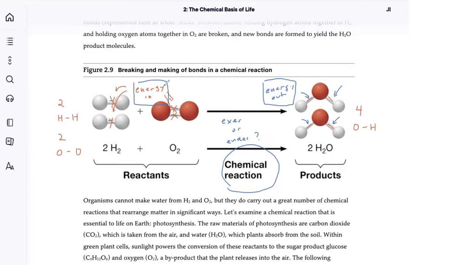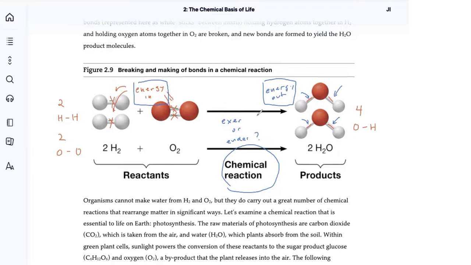Because if the energy in is greater than the energy out, then it would have to require energy coming in, and therefore it would be an endergonic reaction, right? On the other hand, if the bonds are breaking relatively easily and we're getting bonds forming that are far more stable, then the energy out would be greater and we would have an exergonic reaction.